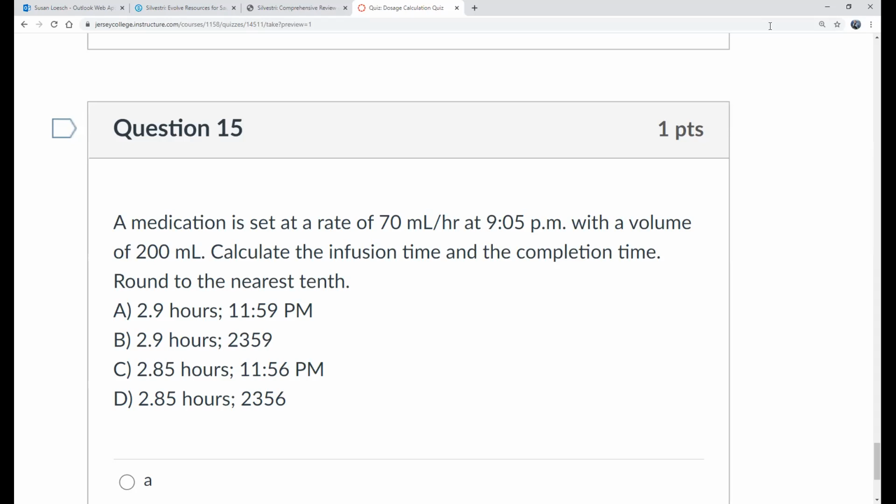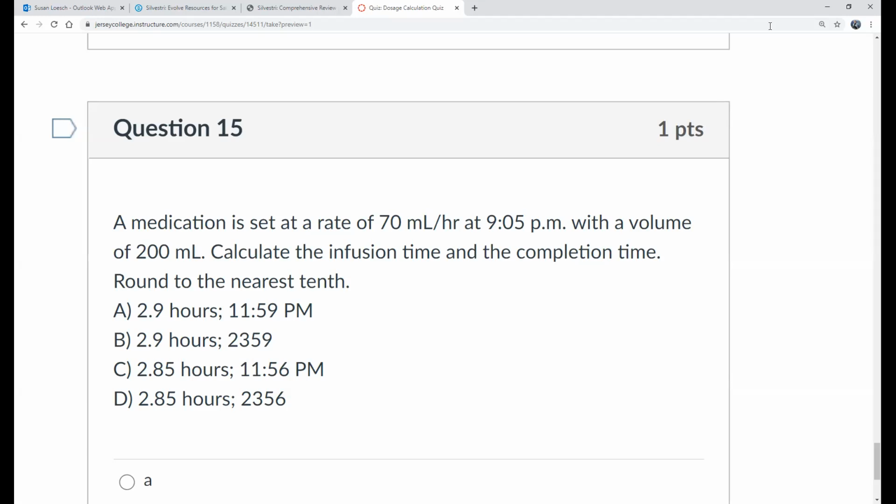Yep. So you got 2.85 hours, okay? Now you're going to round that 2.85 up to 2.9. Now, in order to calculate how many minutes, you already know it's 2 hours, right? So if you add 2 hours onto 9:05, that gives you 11:05. Now, how did they get to 54 minutes?